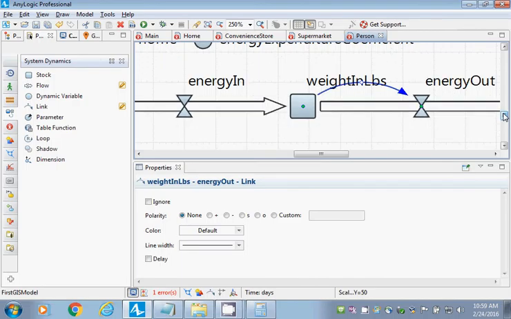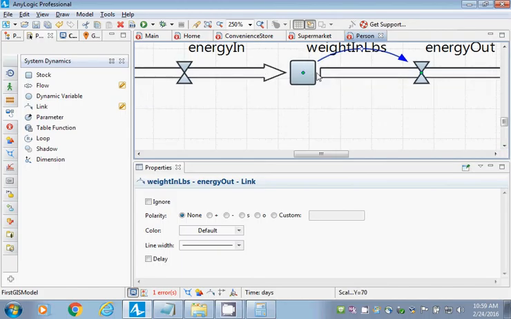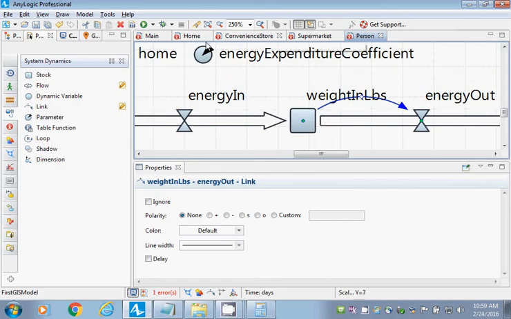If one has very, very high weight for a given level of activity, it's going to require more energy to maintain it than will if very, very lightweight. So we're going to have a link from weight to energy out, and then we're going to have a link from this energy expenditure coefficient that we added to energy out.